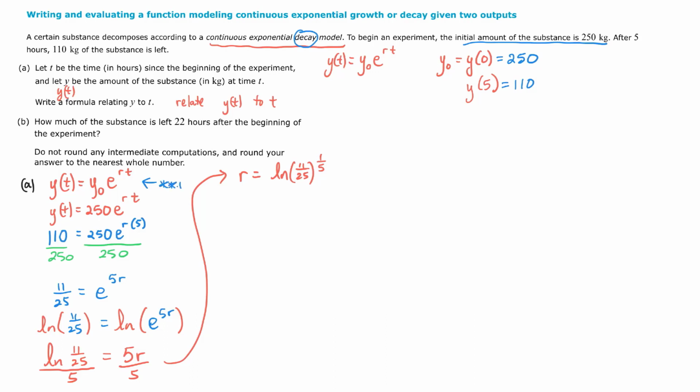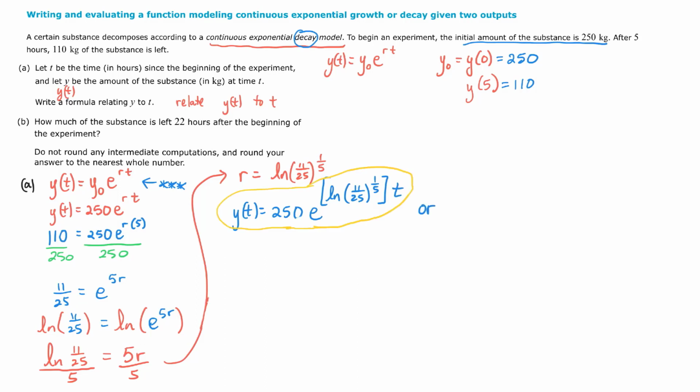We'll go back to this very, very first line, and we're going to write a much better relationship. y of t is equal to 250 e to the r, and r is actually the natural log of 11/25 raised to the 1/5 power, and multiply by our independent variable t.